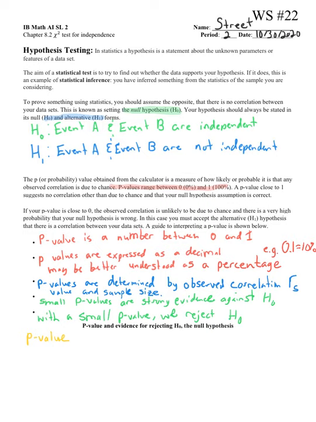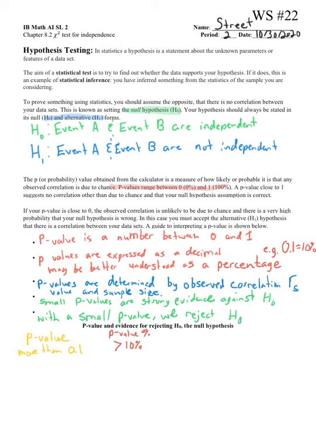Okay, so we'll start with the p-value. If the p-value is more than 0.1, so more than 10%, that would be greater than 10% if it was based on percentage.